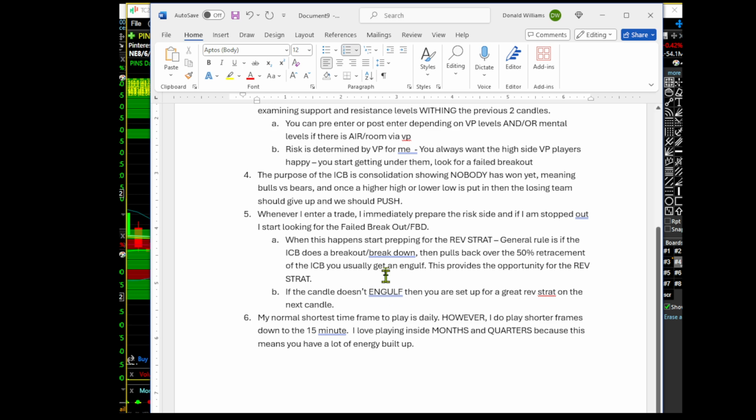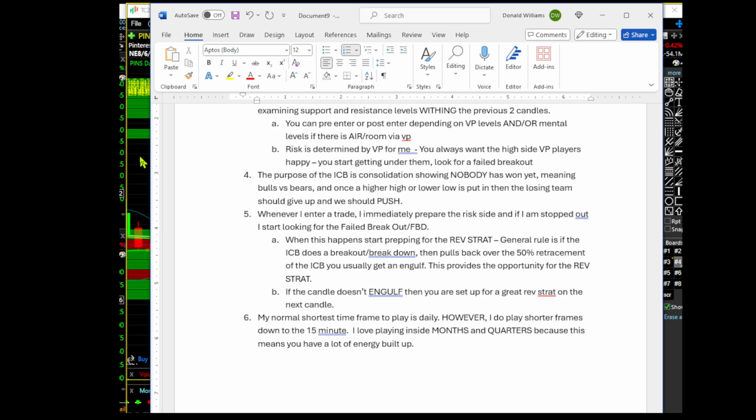If it's a month or a quarter, man, you're really going to break up and do a really good breakout, or even if you do a failed breakdown, that reverse is going to be great. There's just so much more built up in that candle because it's for such a long period of time.